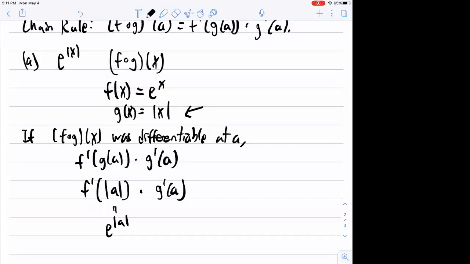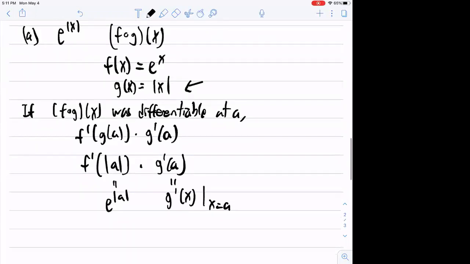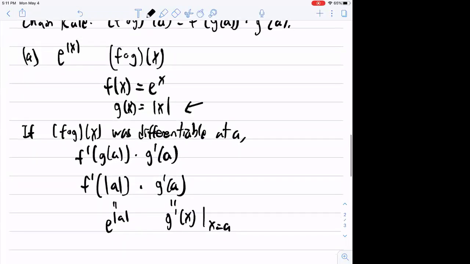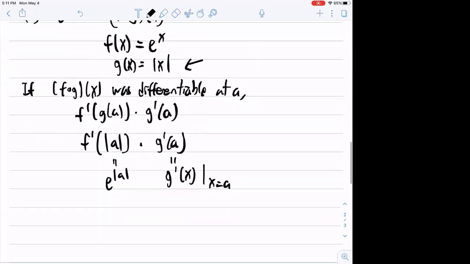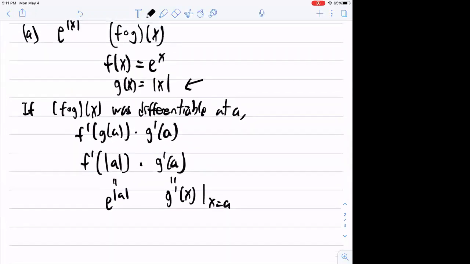So there's no issue here, right? The issue comes with g prime evaluated at x equals a. But g was absolute value of x, and we know that it's only not differentiable at 0. So we get that this whole thing is not differentiable only at 0.